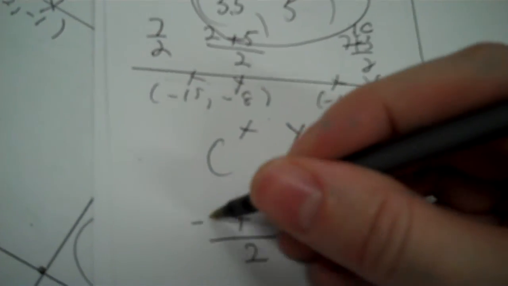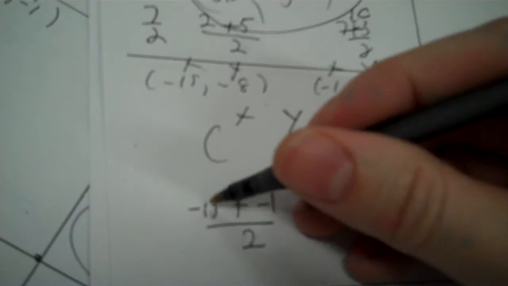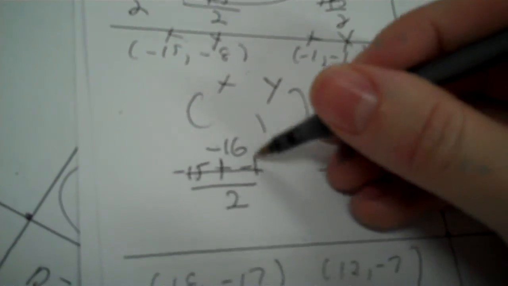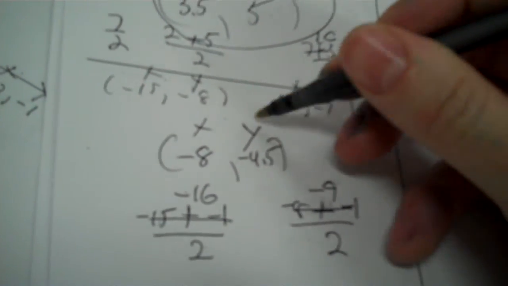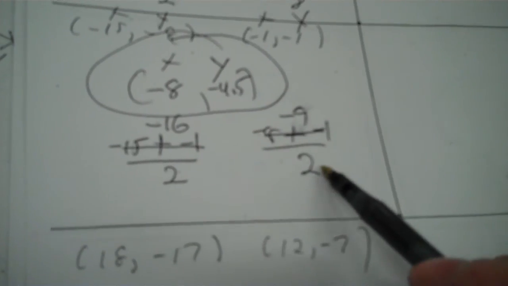So we're going to take -15, -1, so that's -16 divided by 2 is -8. Okay, -8, -1, that's -9 divided by 2, that's -4.5. Again, you have an odd number. If it's odd, positive or negative, it's going to be a 0.5.